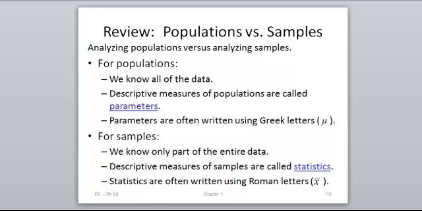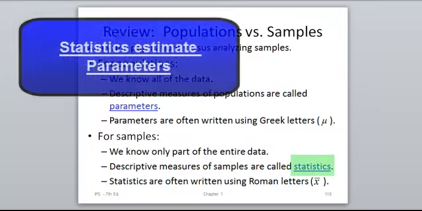Now, when we take a sample, and remember, a sample is, we hope, a very good representative sample of the population or subset of the population. We won't know the entire population, so we take this subset of it. And when we get descriptive measures from the sample, we call them statistics.